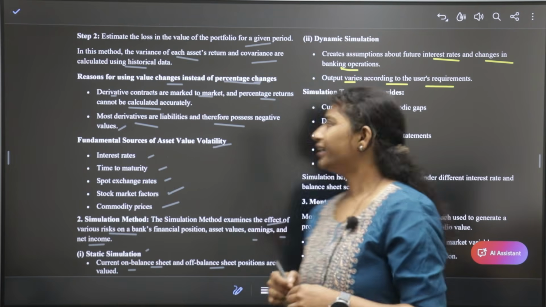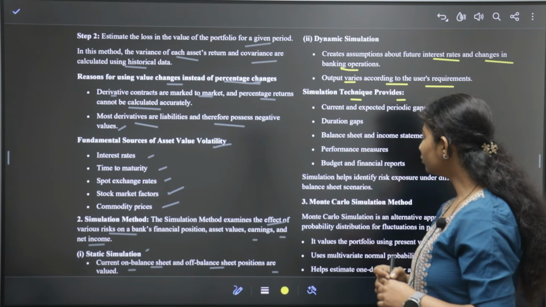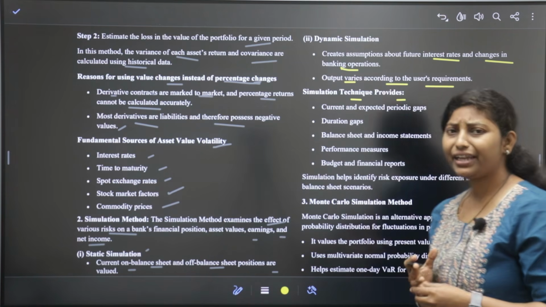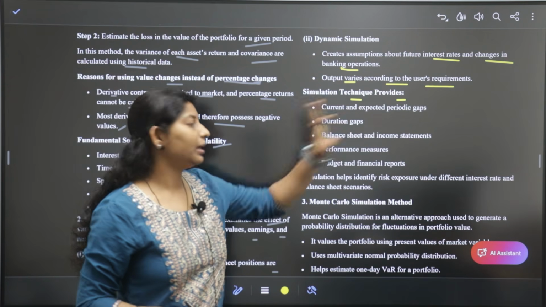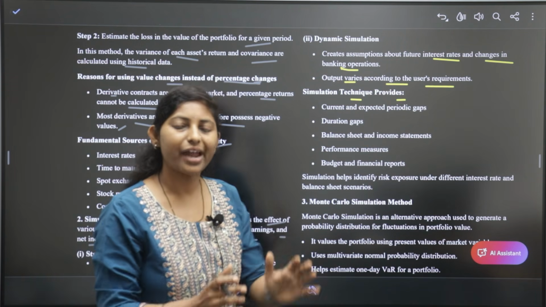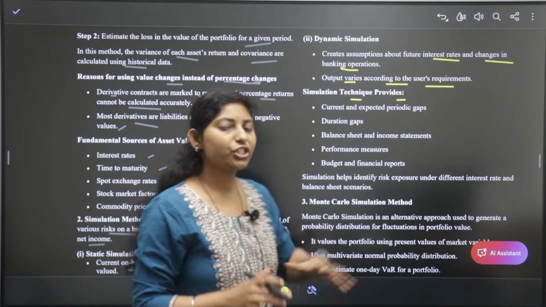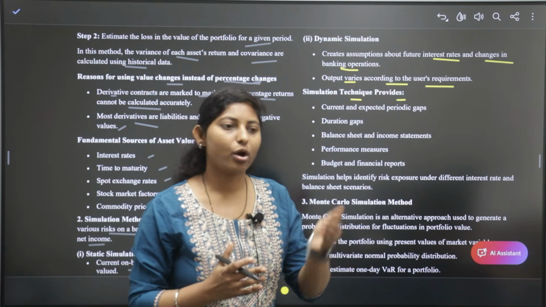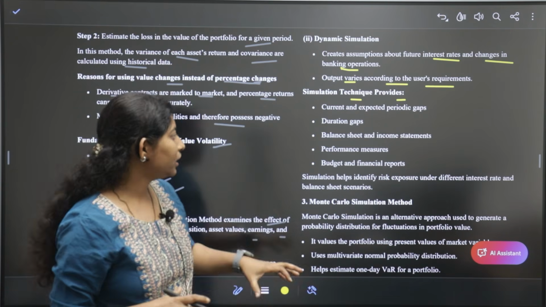Next, the techniques that simulation provides: current and expected periodical gap, what the current result is and what your expected result is. Duration gap, how much gap there is to achieve your target.